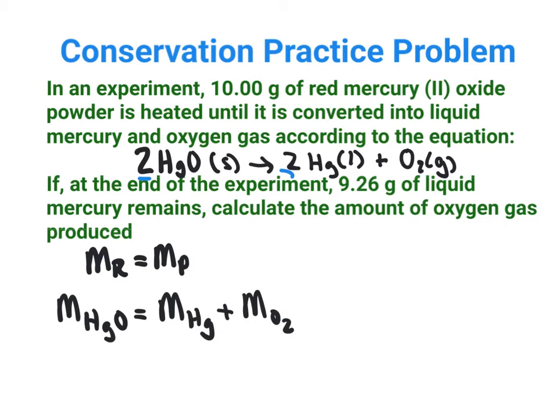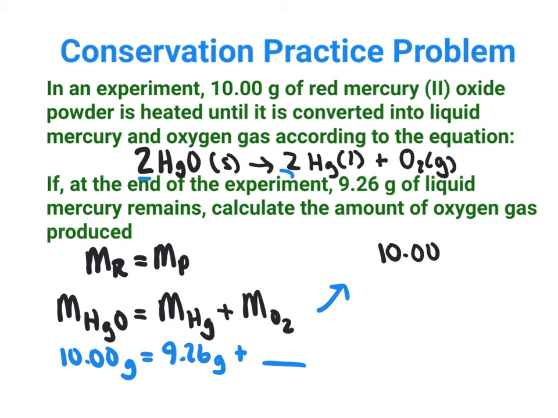So we know that if we start with 10.00 grams of mercury oxide, and at the end we have 9.26 grams of mercury, whatever's left is going to be the mass of oxygen. So very simply, this is 10.00 minus 9.26.